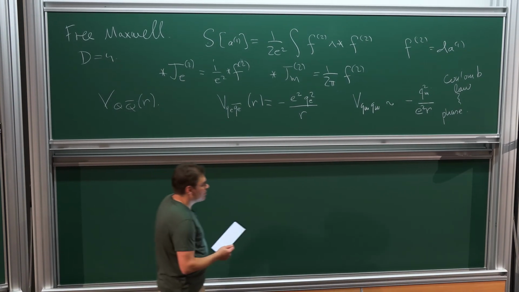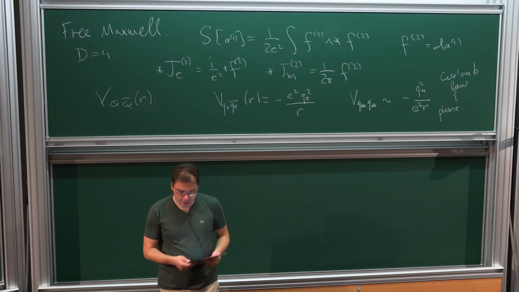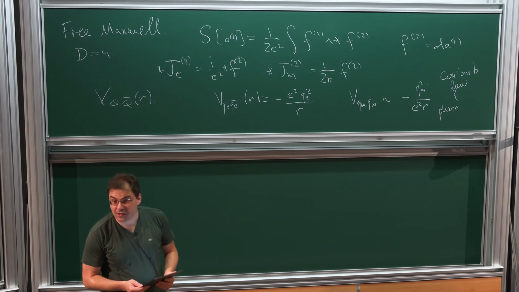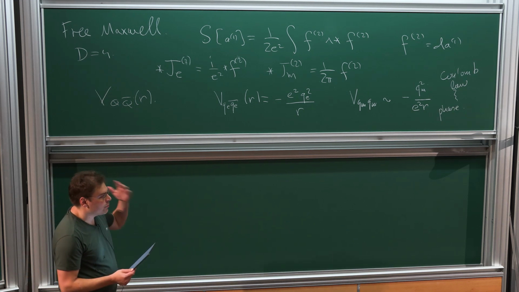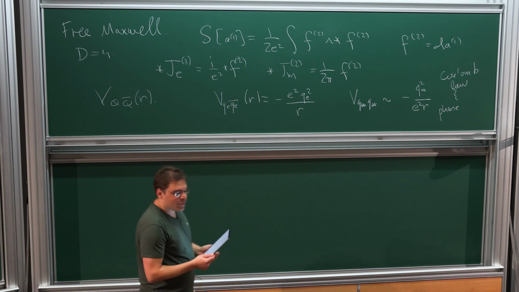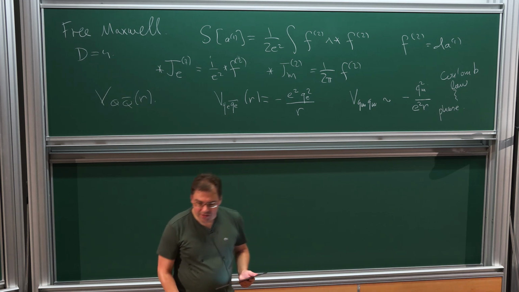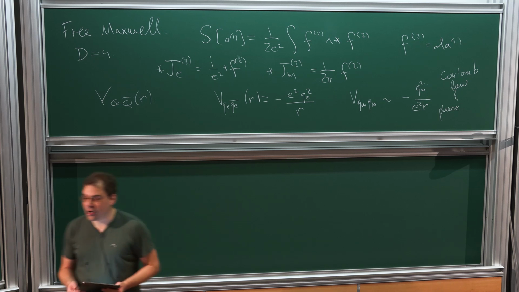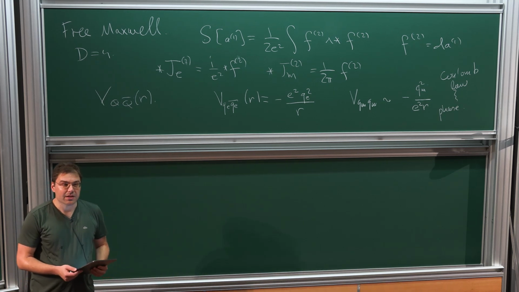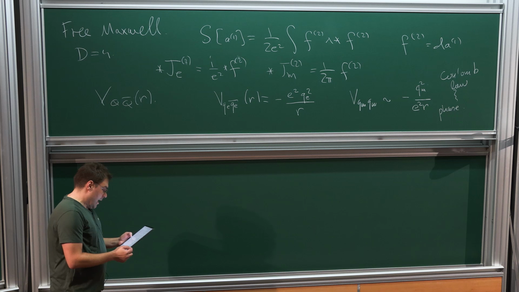Argument number two is a little more involved. Instead of using the fact that the currents are linear in the Goldstones, which is a little bit of an indirect argument, you might ask: just show me directly what is the expectation value that breaks the symmetry. If there's a symmetry that's spontaneously broken, we should have some kind of charged operator that gets an expectation value.